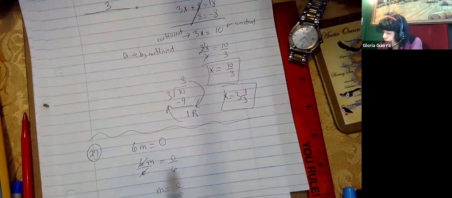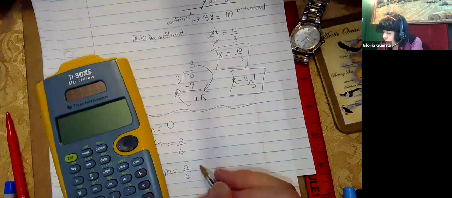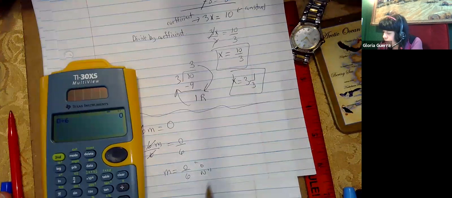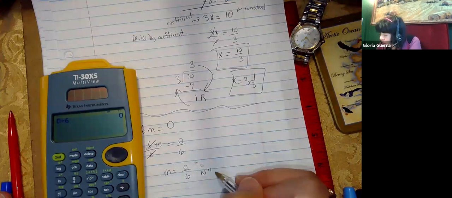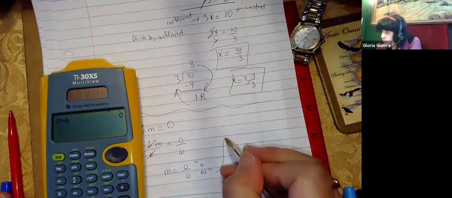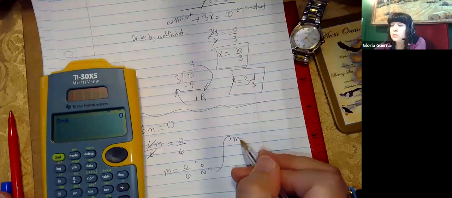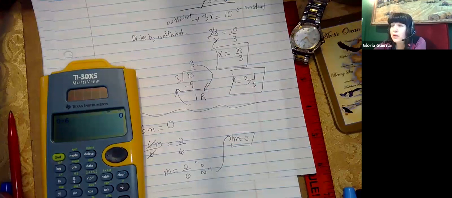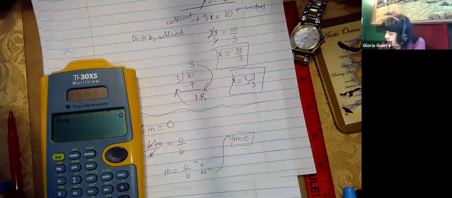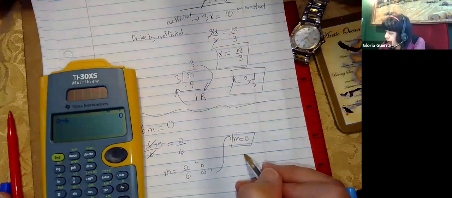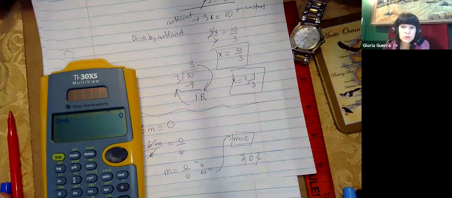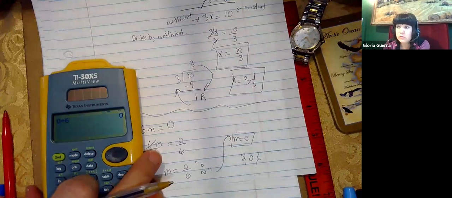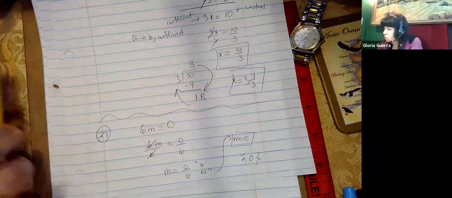And remember, 0 divided by 6 is 0. So m equals 0. And again, I see how they also have these little curly braces. Sometimes you can put your answer in a solution set. That's also true. Okay.